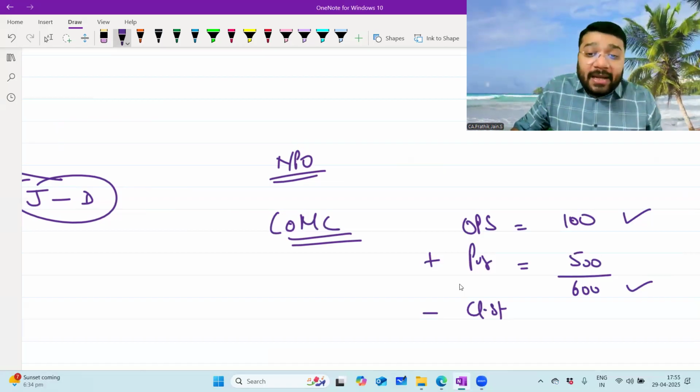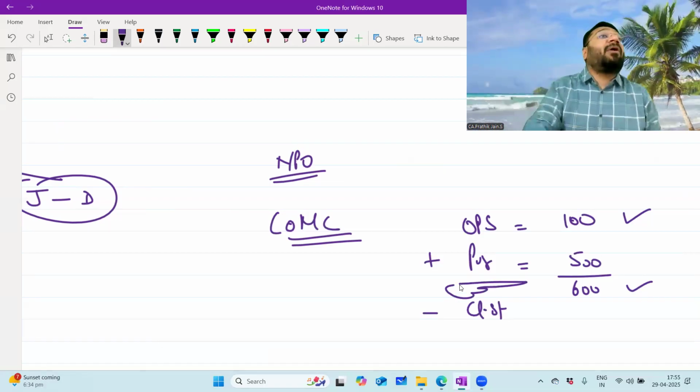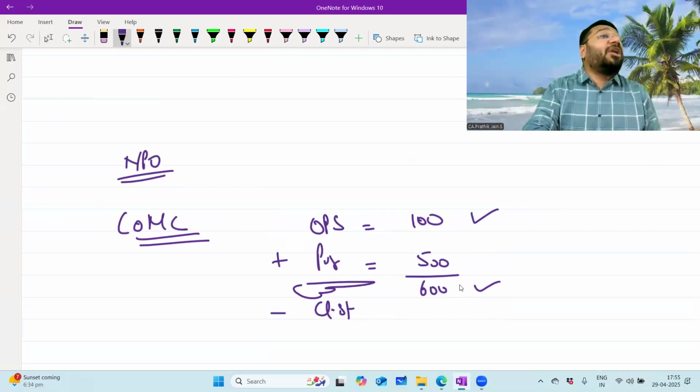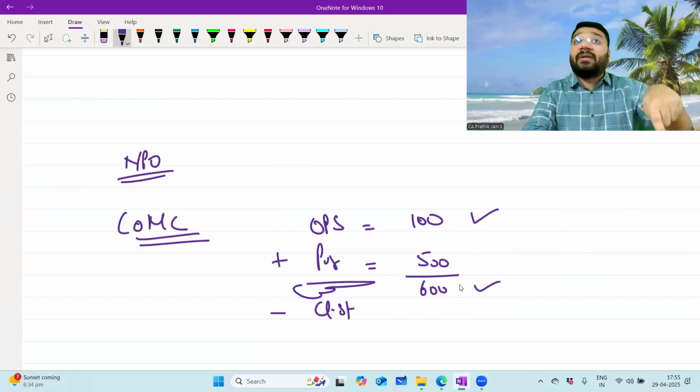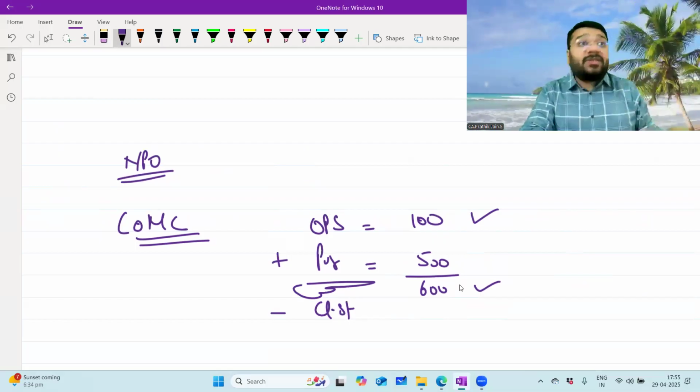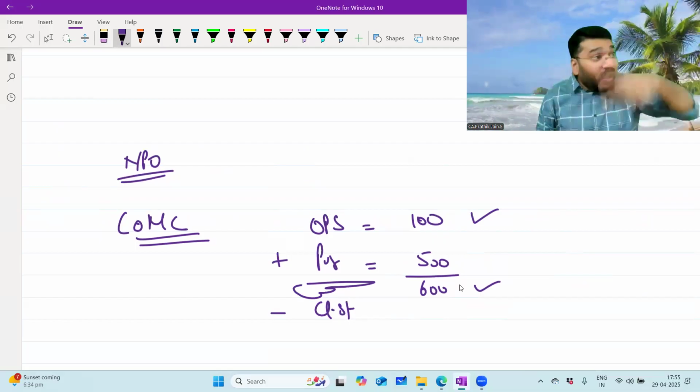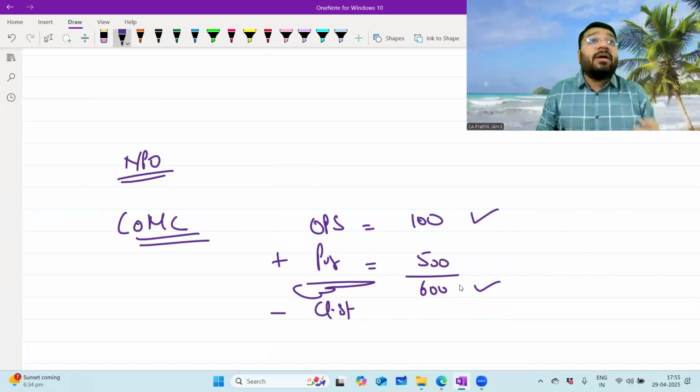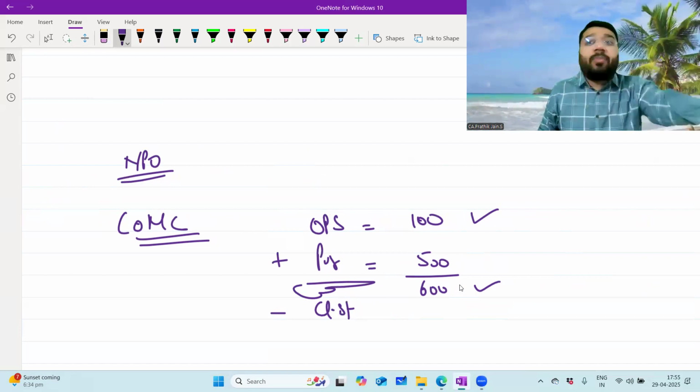Now, I can't record the entire 600 rupees as expense. Why? Because the matching principle is coming into the picture. Matching principle says that record expenses to the extent benefit received. If the entire 600 rupee worth of stationery is consumed, record the entire 600 as expense, no problem.